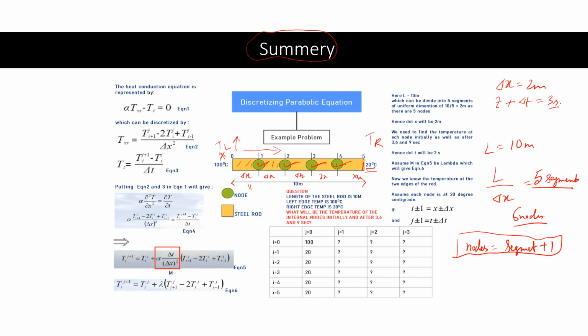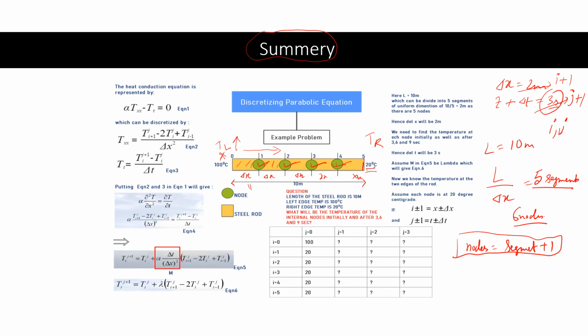right? So the time increment is represented by j plus 1 and the space increment by i plus 1. That means i is the positional coordinate and j is the time coordinate, temporal coordinate, right?